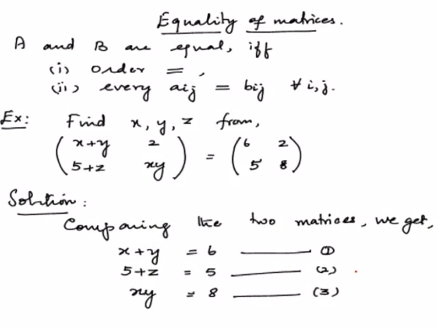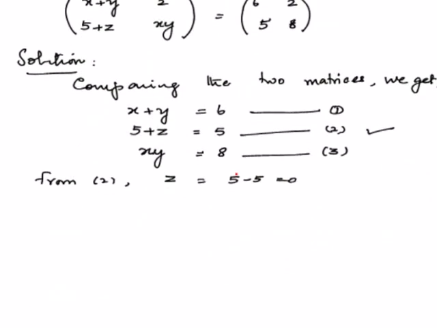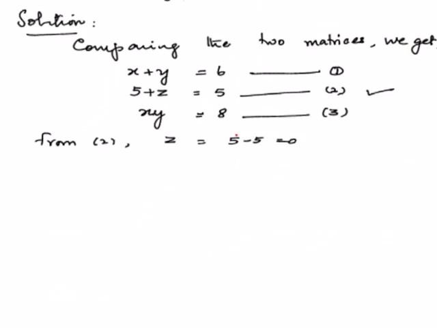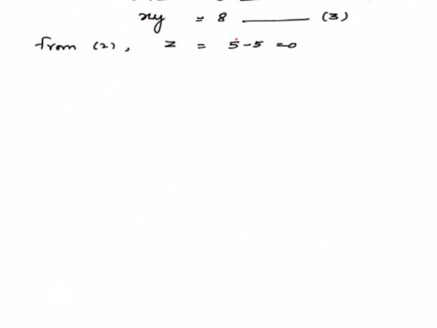Now, if you observe the second equation, from 2 we get z is equal to 5 minus 5, which is equal to 0. So, we have arrived at z equal to 0.